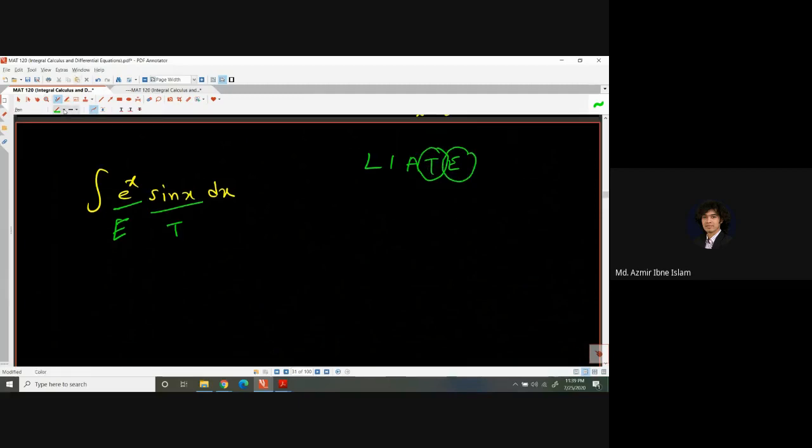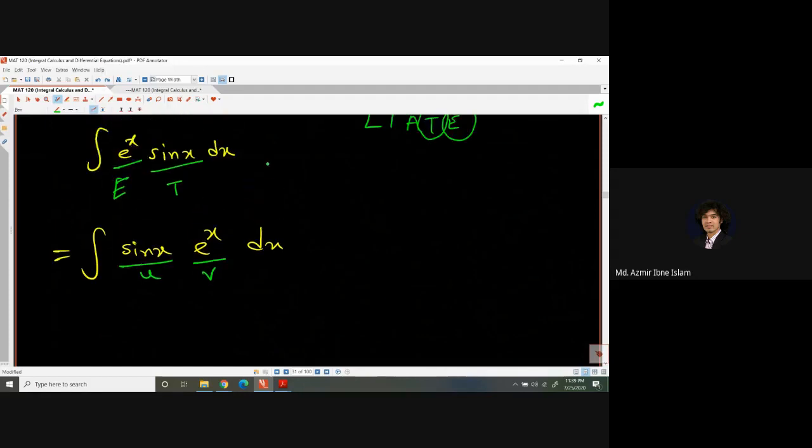So what we have to do here is rearrange this: sine x e to the power x dx. Now we are sure that this part will be u and this part will be v. Okay, so before going to apply the integration by parts method, we must figure out which function should be chosen as u. That is our first and foremost duty.